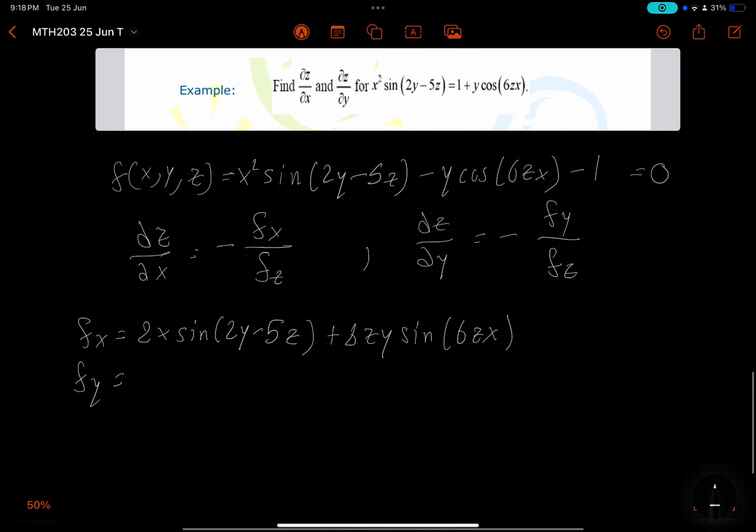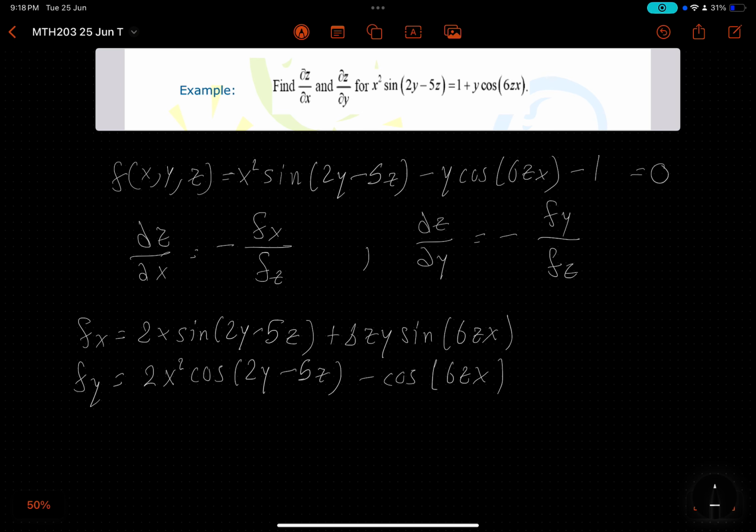What is fy? 2x squared cosine of 2y minus 5z minus cosine of 6zx.